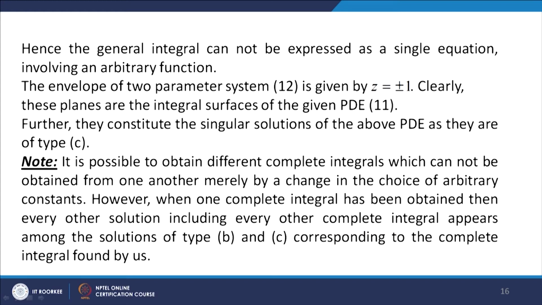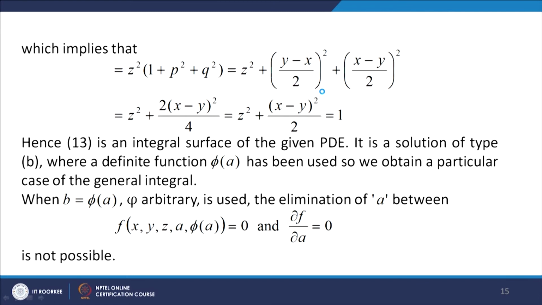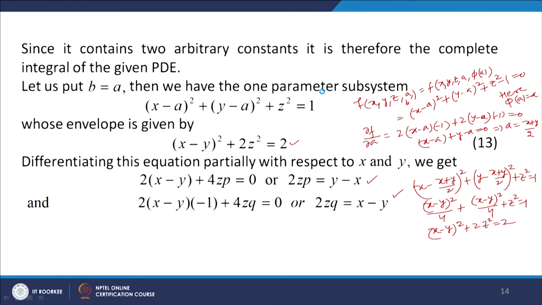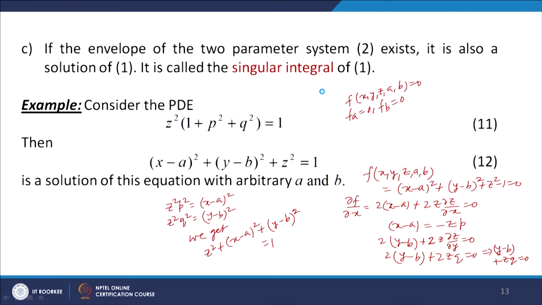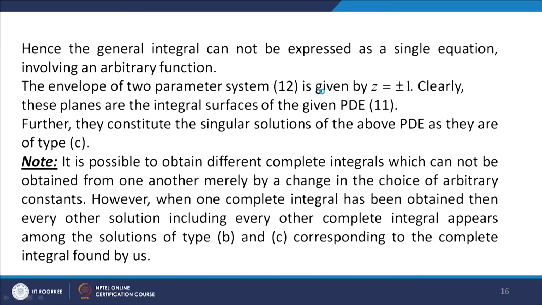The envelope of the two parameter subsystem 12 is given by, now let us look at this equation number 12. (x minus a) whole square plus (y minus b) whole square plus z square equal to 1. When we find the envelope of the two parameter system, we have (x minus a) whole square plus (y minus b) whole square plus z square minus 1 equal to 0.